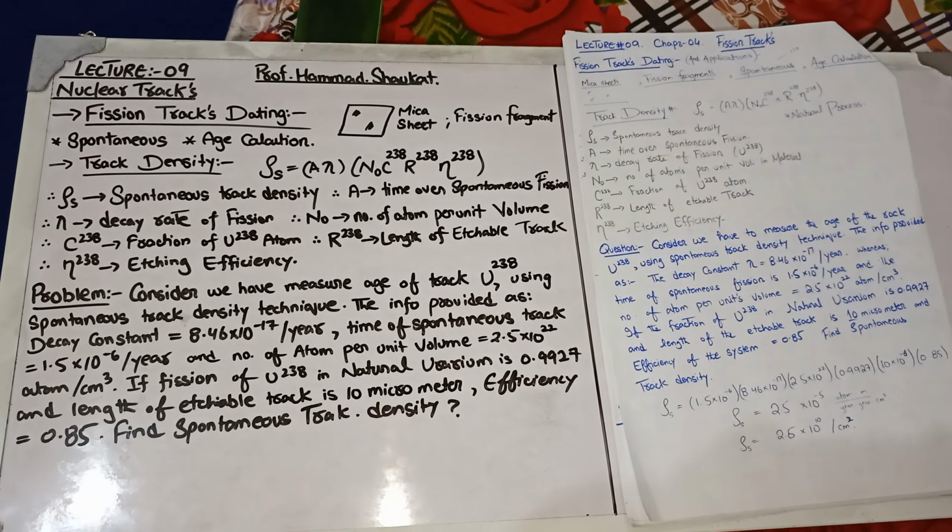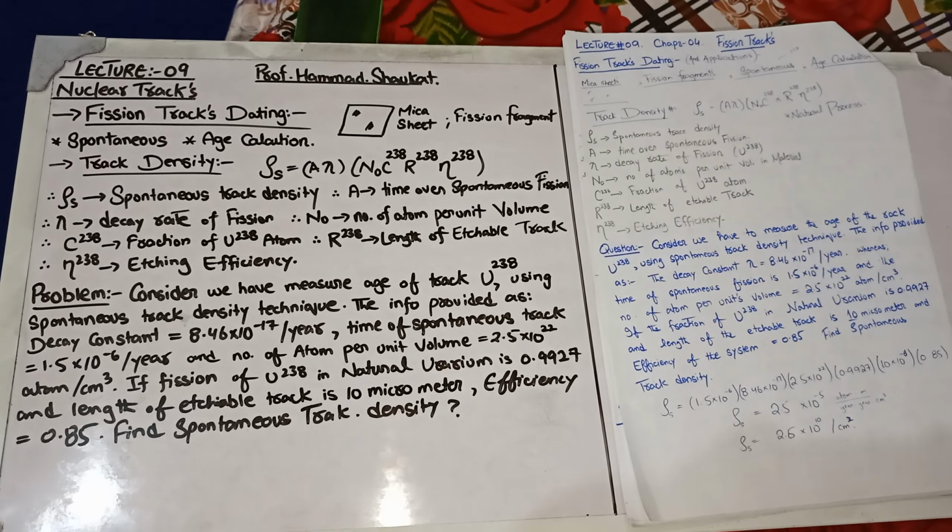Okay. So we have another problem of this topic, which is spontaneous track density. So let's solve. Here is another problem, and the problem is the number of uranium 238 atoms is given, which is 3 multiplied by 10 raised to power 22 atoms per centimeter cube, whereas the fractional atom of uranium 238 is given as 0.9927.